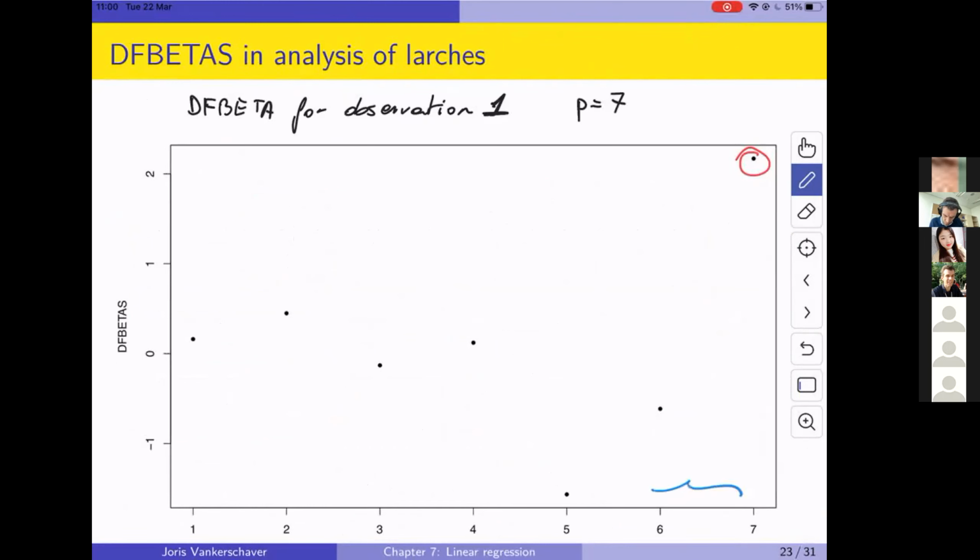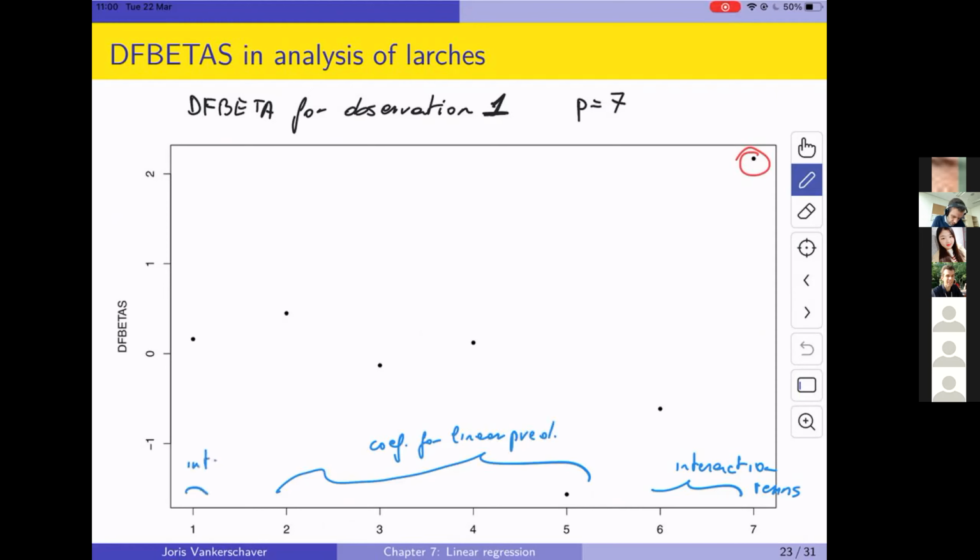So these two were both interaction terms. Then the 4 preceding ones, 2 through 5, were the coefficients for the individual minerals. And the first one, that was the intercept. So maybe someone who has the slides from the last section open can quickly tell me what number 7 corresponds to, but it's one of the interaction terms.